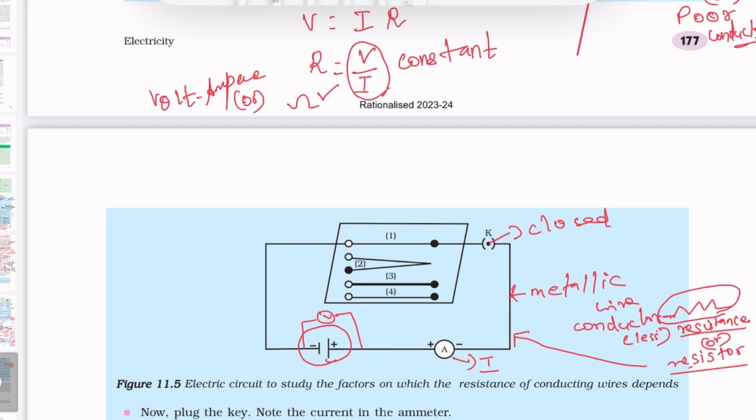For example, you see, I have a cell, then I have this ammeter, and from this ammeter, consider there is a switch, and from here I have the resistance, then I have 2 points where I will connect the material.